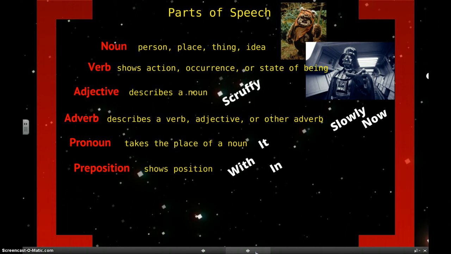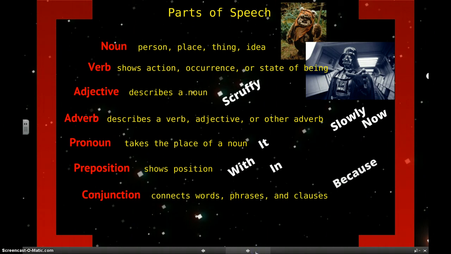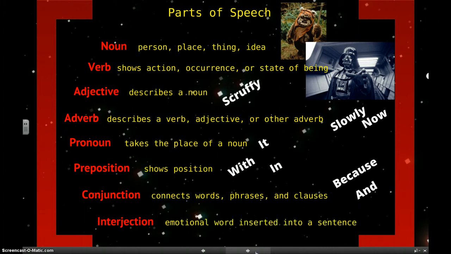They show your position. And conjunctions, very important. They join words, phrases, and clauses. So words like because and can be conjunctions. And finally, interjections. Interjections are emotional words inserted into a sentence. Words like no or hey. They kind of jump out into the middle of a sentence and are usually set off by commas.